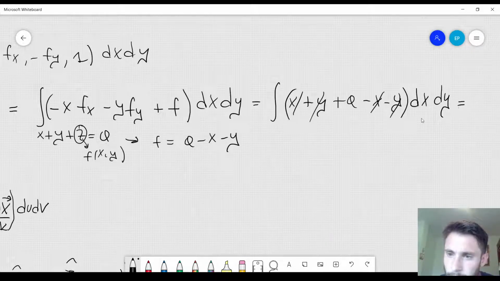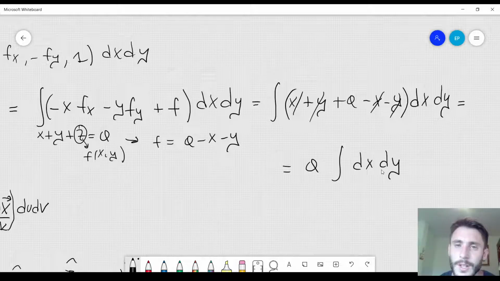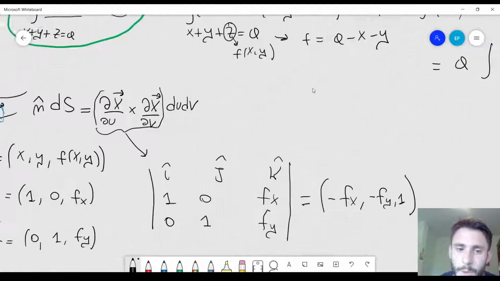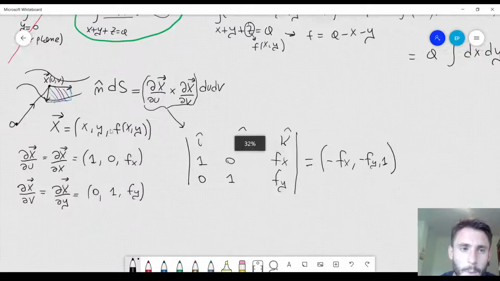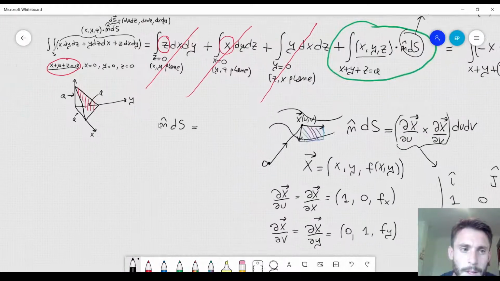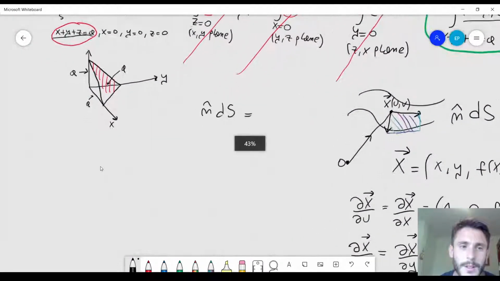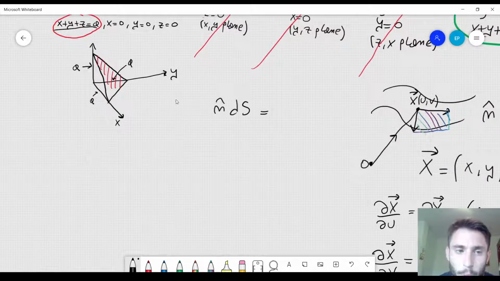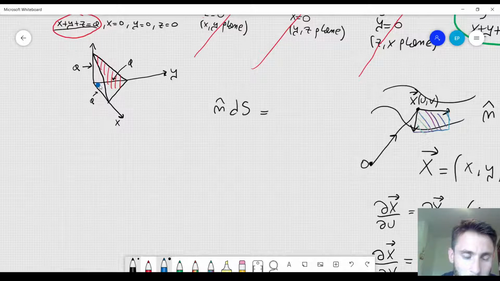And this gives me a times the integral over dx dy, and now I have considered the projection of the surface on the xy plane. So now what I have to consider is just the projection of the slanted portion of the surface on the xy plane. So let me do it in blue here, this one.